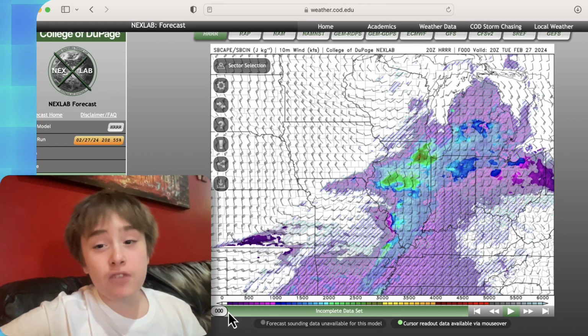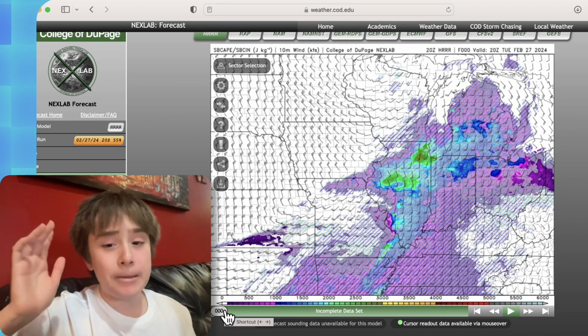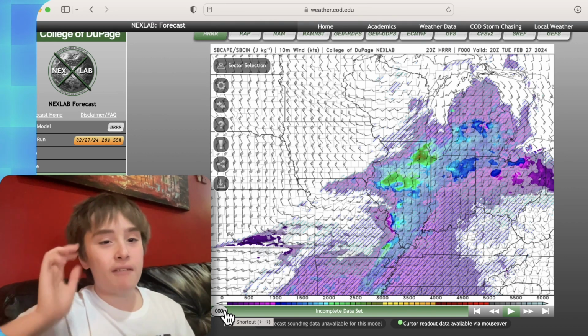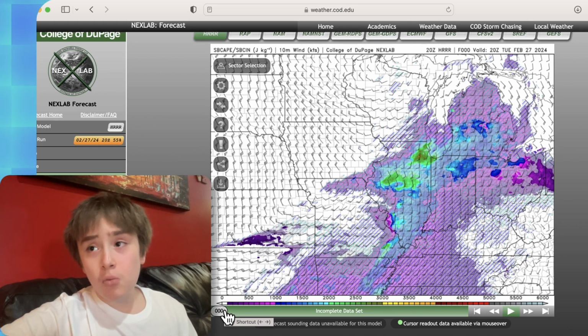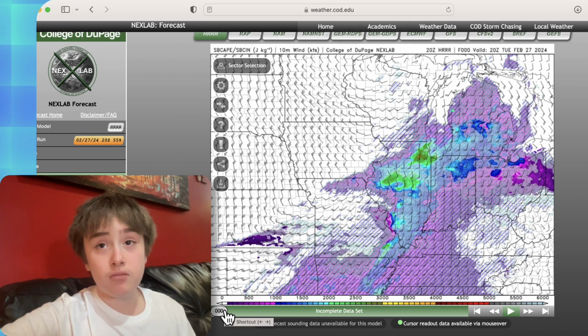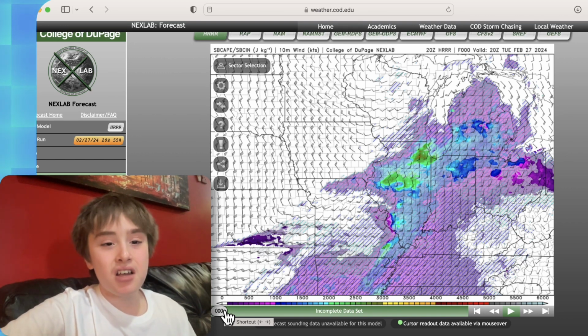So that was originally what we were expecting for the storm, and that's why we didn't think storms were going to build up, because of that cap that was possible. However, that cap hasn't developed. We actually do have a perfect transition between heat and cold, which we originally were not expecting.